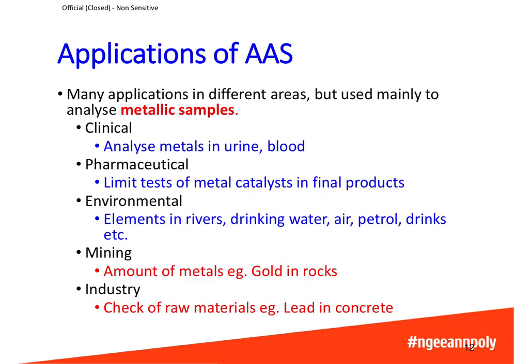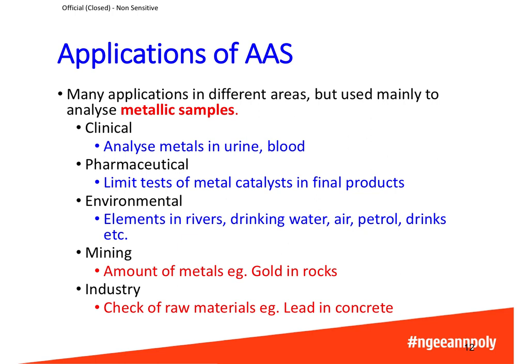AAS has many applications in many different fields, but it is used mainly to analyze for metallic elements present in the sample. Among the applications listed here, the ones that will be most relevant to pharmaceutical or life sciences would be the clinical applications to test for metals, for example, in the urine or in the blood.